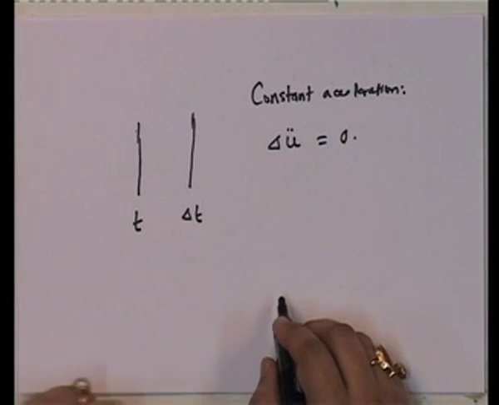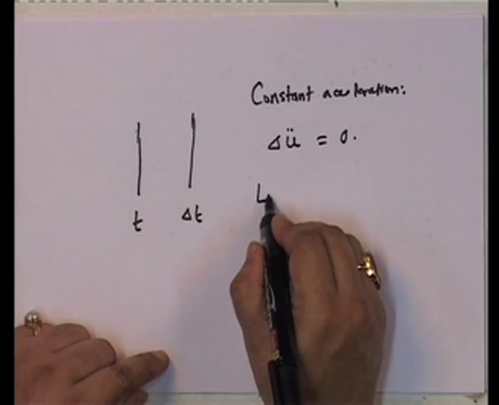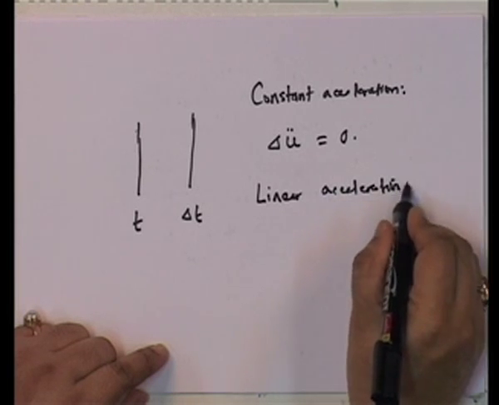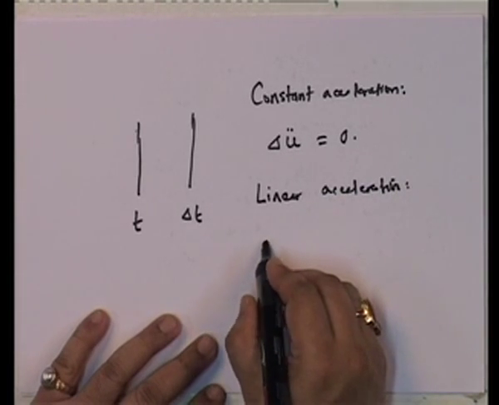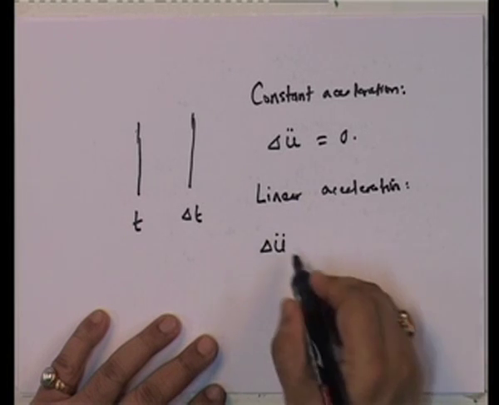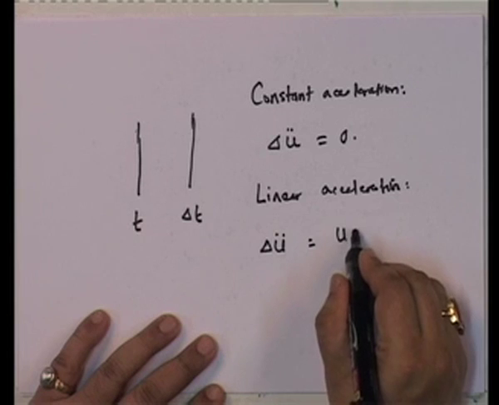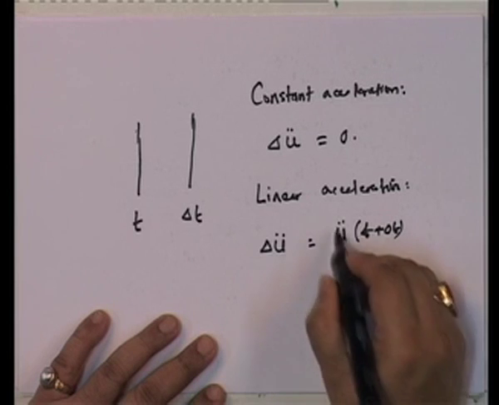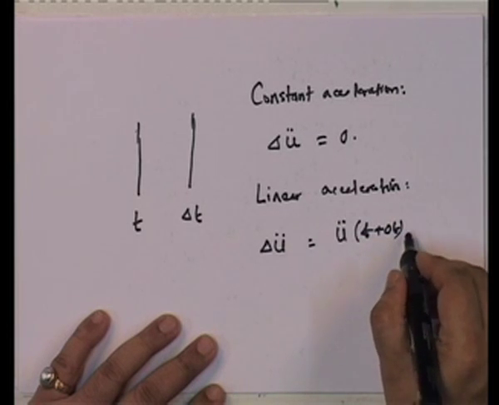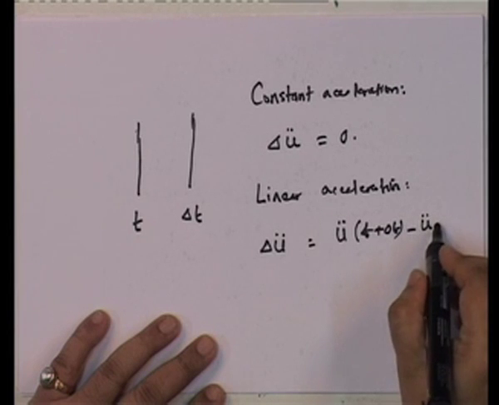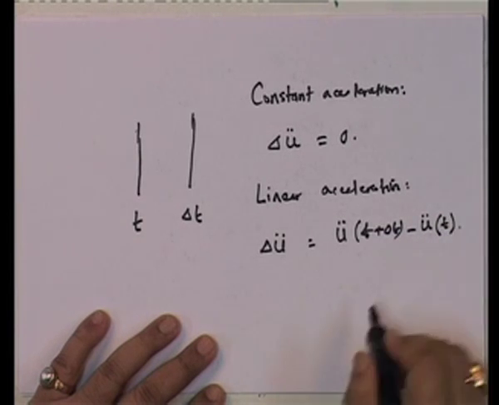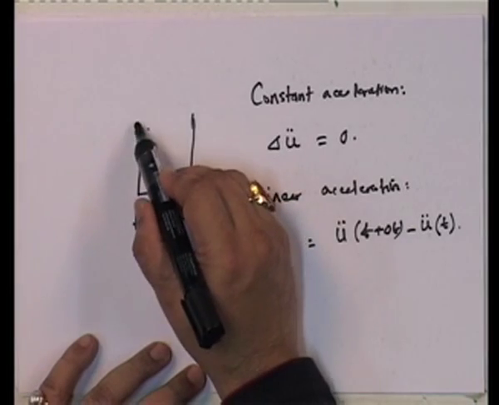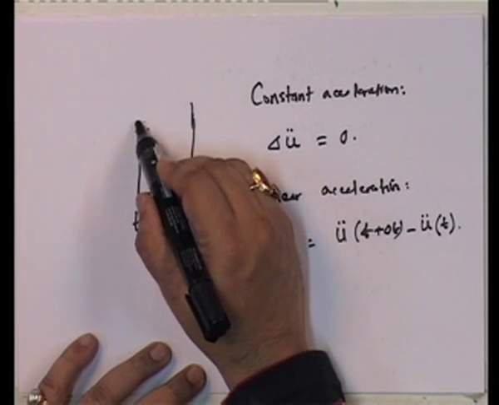Or you can take it as linear acceleration, where you say that look, delta u double dot is equal to u double dot at t plus delta t minus u double dot at t, and this varies linearly.